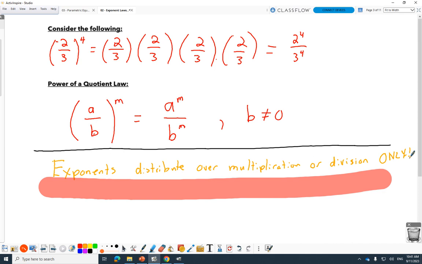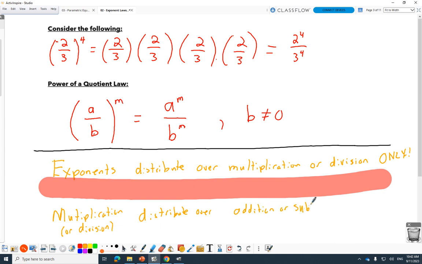Here comes the second gold sentence to tie together with what you already knew. Multiplication or division. Distribute over addition or subtraction.